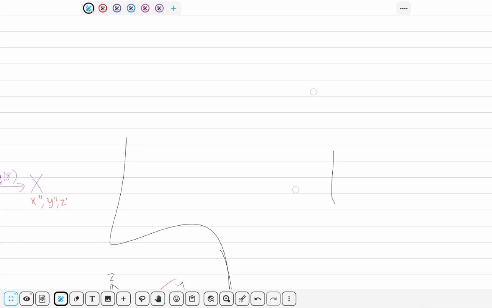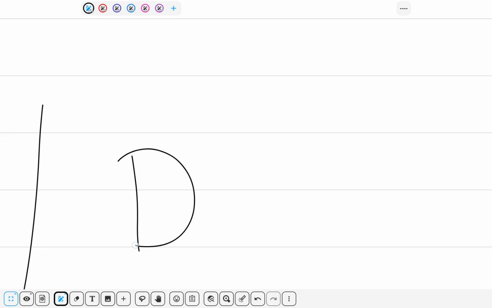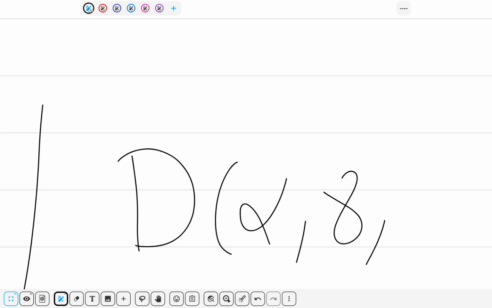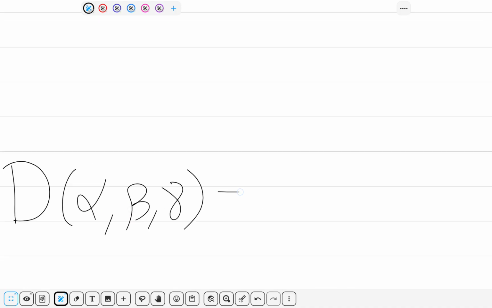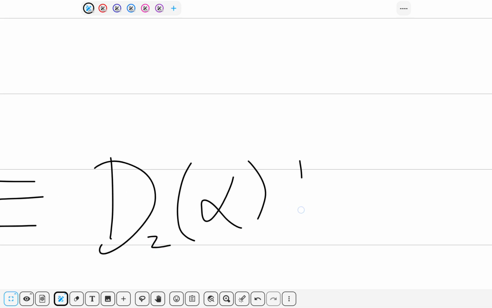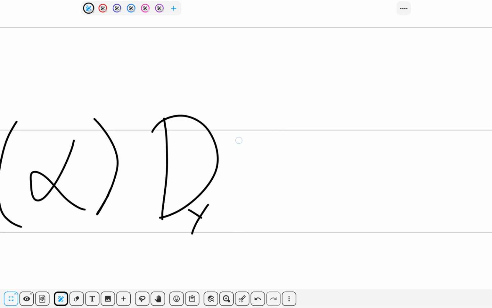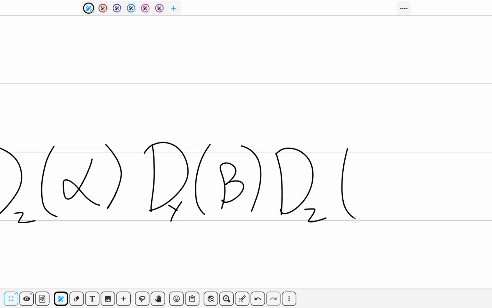In terms of Euler angles, like we said, an Euler rotation D(alpha, beta, gamma) will look like, as we said, Dz of alpha, then Dy of beta, and again Dz of gamma.